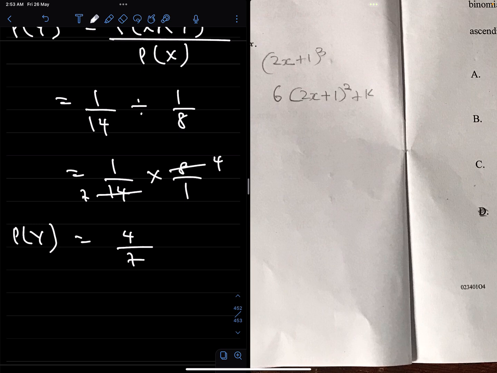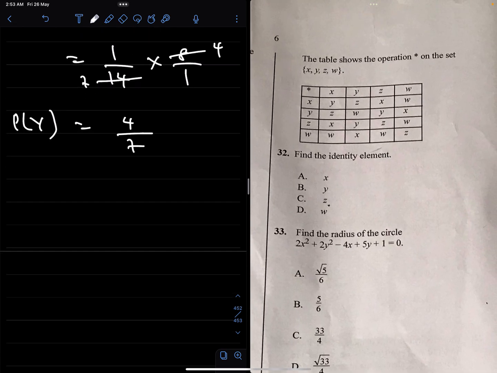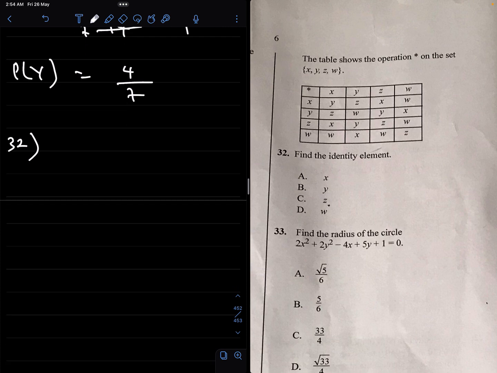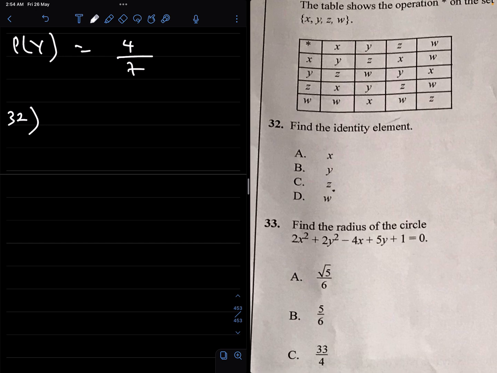So we go straight to the next, which is number 32. Let's see that up here. 32. The table shows the operation asterisk on the set which has elements x, y, z, w. Find the identity element. How do you find the identity element?